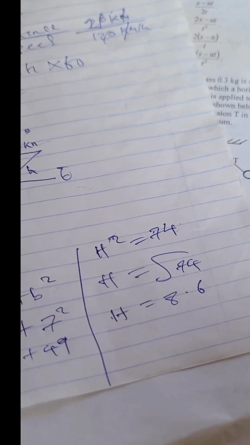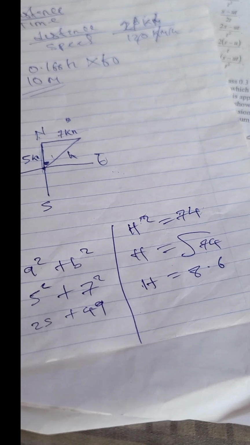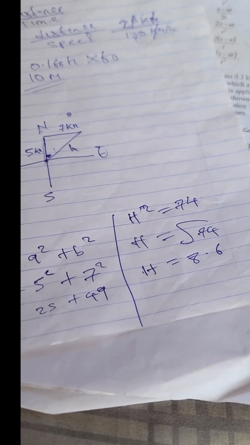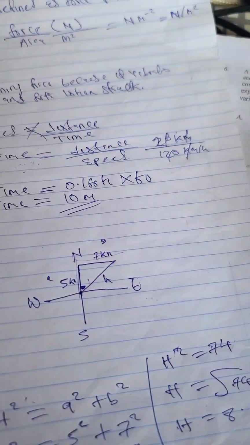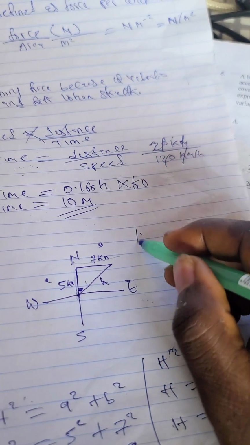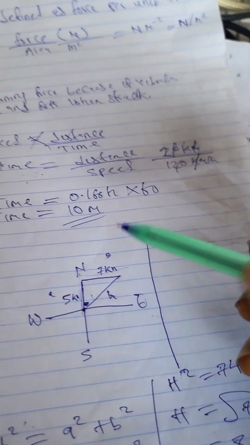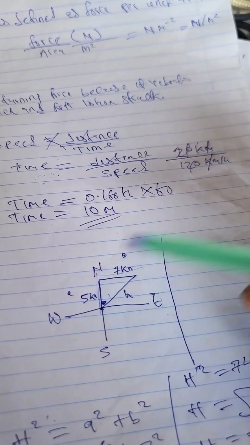This is the distance, so we need the direction. To get the direction, we need to use our SOH CAH TOA tool. So looking at our diagram here, you have opposite over adjacent, which is tan.